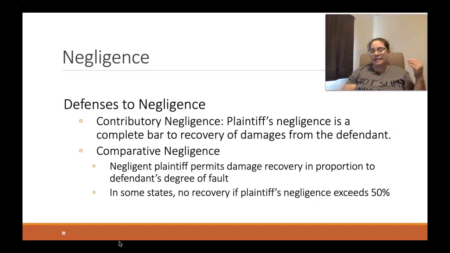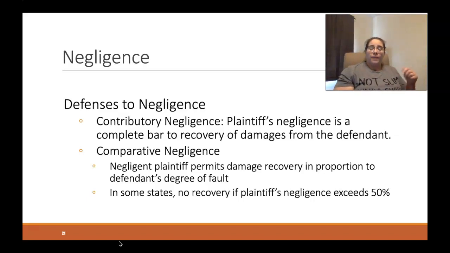You don't get anything if you're injured if you contributed at all to your own injury. So in a contributory negligence jurisdiction, the plaintiff's negligence can be a complete bar to their recovery. If you are 1% negligent in a contributory negligence state, you get nothing.